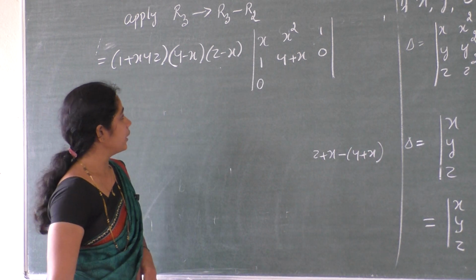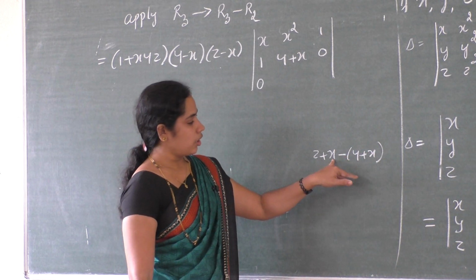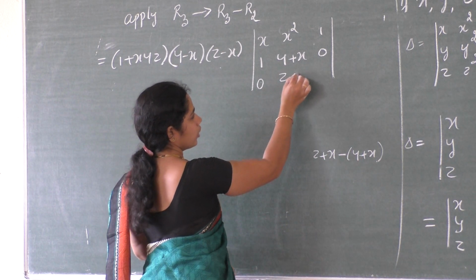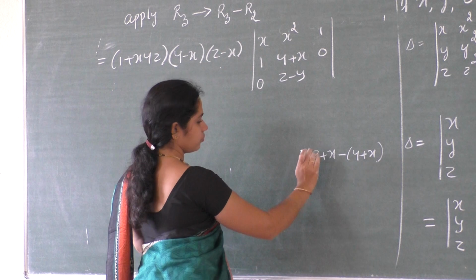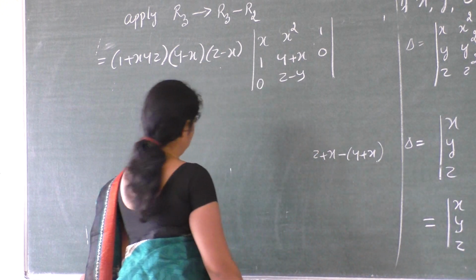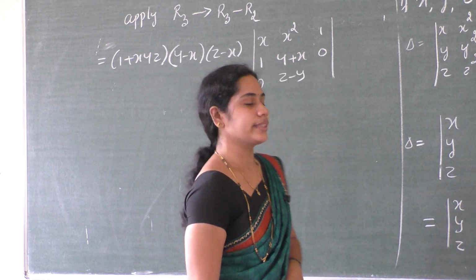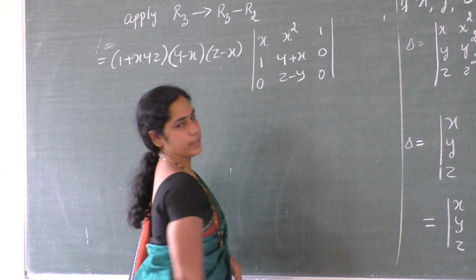What is this equal to? x cancels here, so z minus y, then 0 minus 0, that is 0.